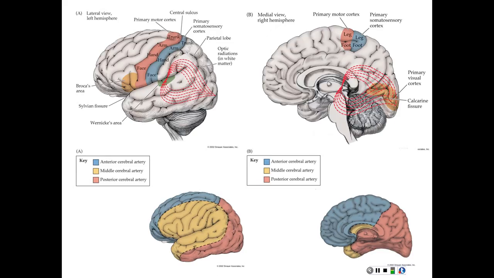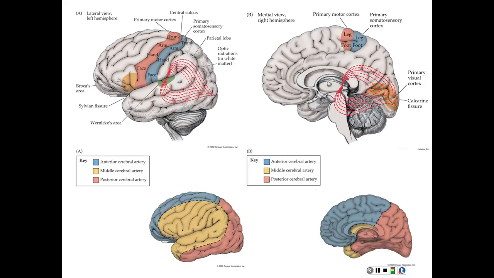And we have to appreciate that when it comes to our blood supplies, we're thinking about the middle cerebral being that all-important one for what? Face and hand motor, face and hand sensory, Broca's area for the generation of speech, Wernicke's area for the comprehension of speech, right? And then posterior cerebral for vision.